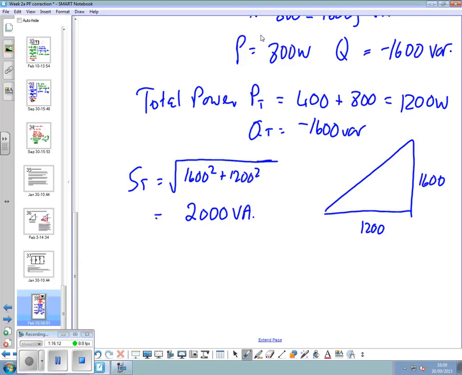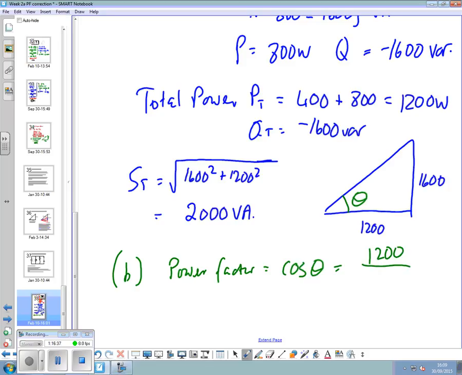I'll do part B on here because that's only a small one. I've got room for it. Power factor is equal to cos of the angle, that's equal to 1200 over 2000, and I made that 0.6.